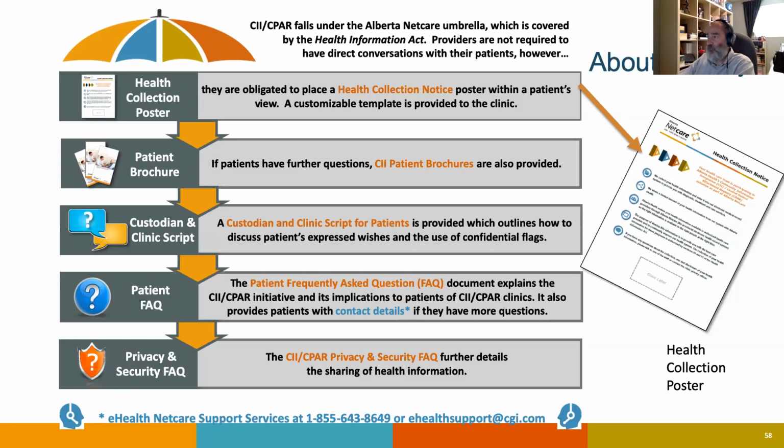And generally that's done with a poster. Most clinics have a poster in conspicuous locations in their clinic. The wording of the poster should be slightly different if you're participating in CII, CPAR, and on our website is a mock-up available that clinics can just print off and use or incorporate that wording into the posters that they have.